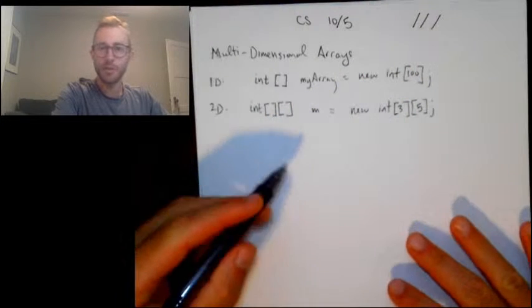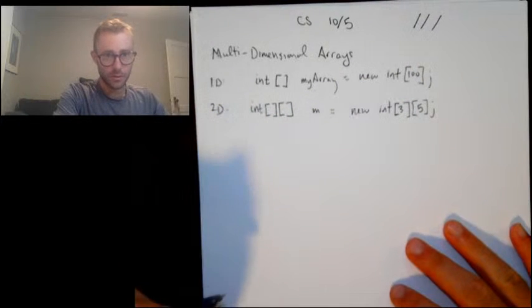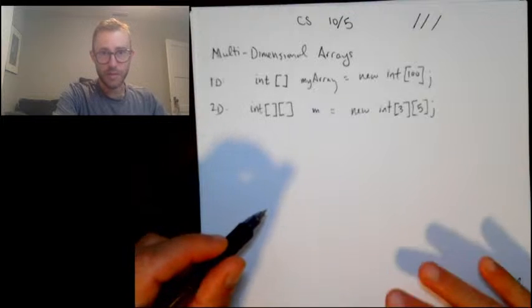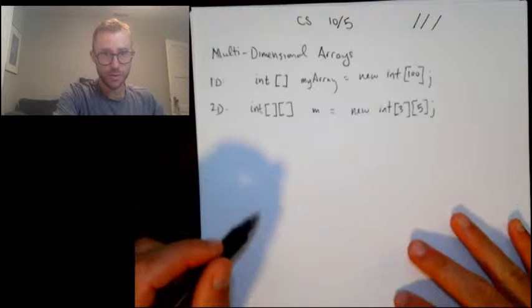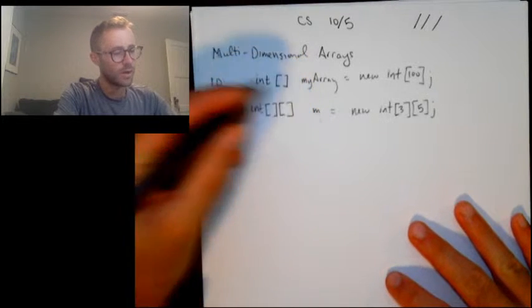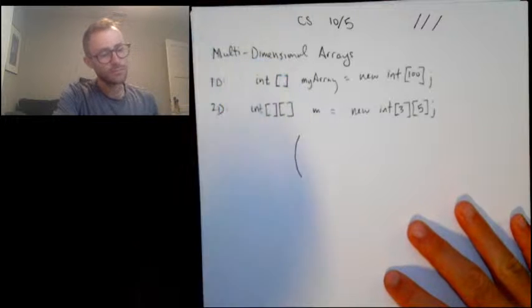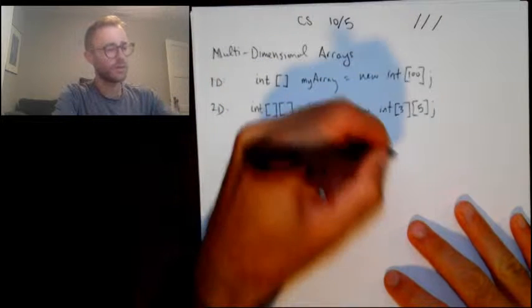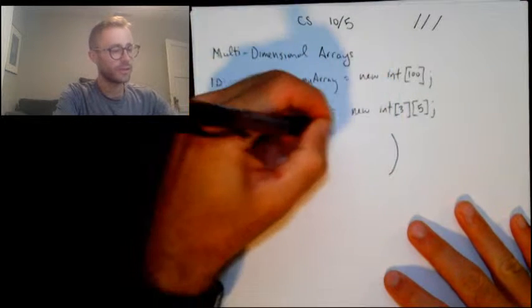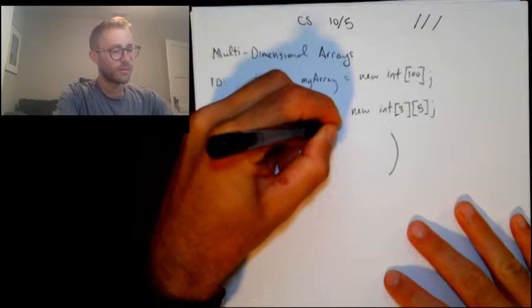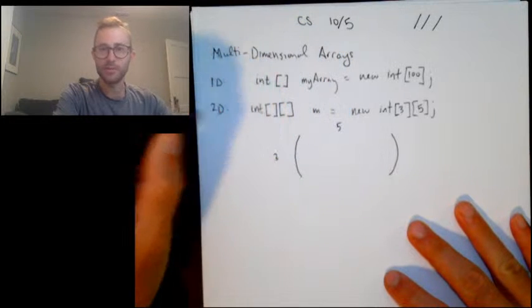Okay, so what does that mean? Well, we can think about a 2-dimensional array as a matrix. I can think about this as a 5 by 3 matrix.